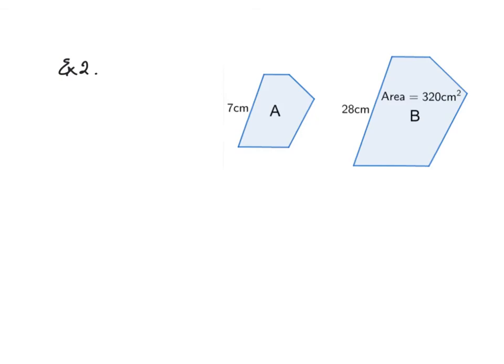Second example, so these shapes are similar and we have enough information to work out the linear scale factor. So that's 28 over 4, beg your pardon, 28 over 7, which gives us a linear scale factor of 4.